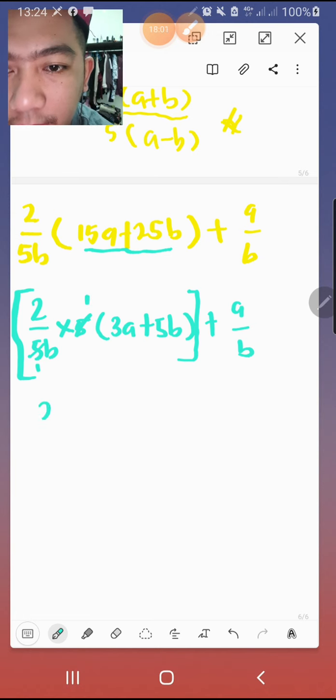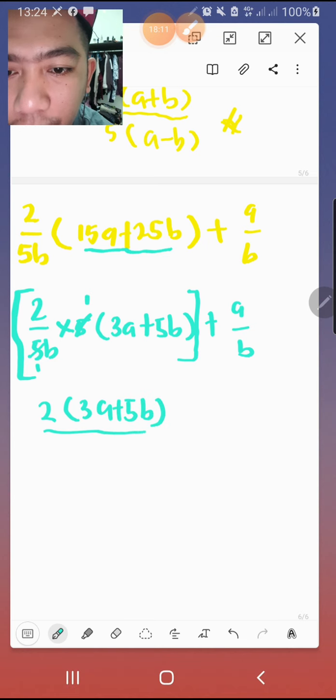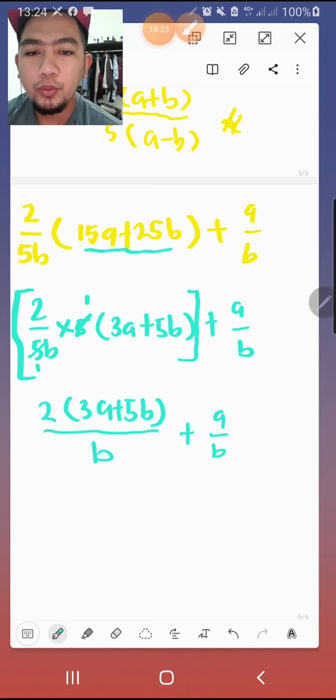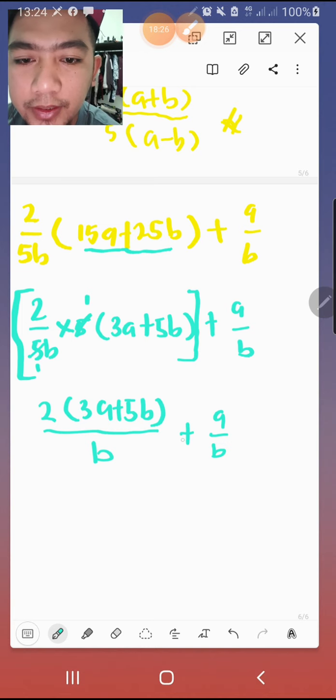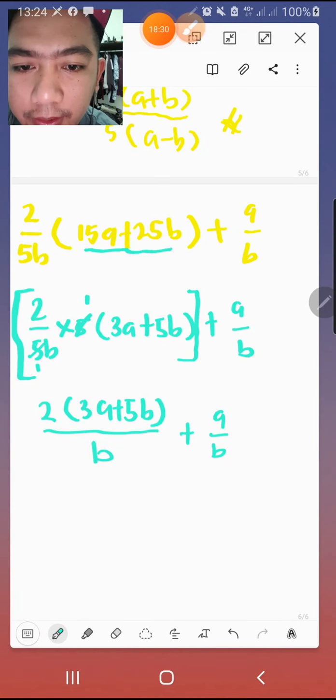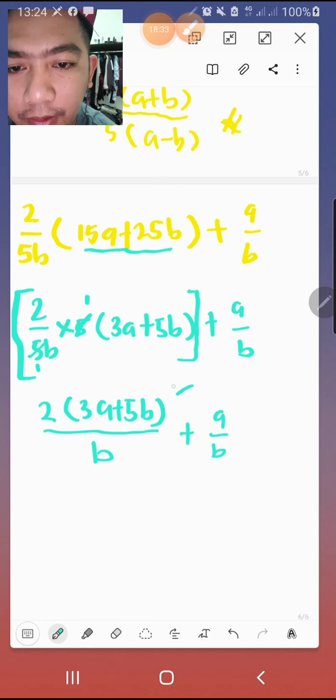So next, 2, it will become 2 times 3a plus 5b over b plus a over b. So now, can we do the addition operation? Of course we can, right? But before that, we need to expand this algebraic expression.